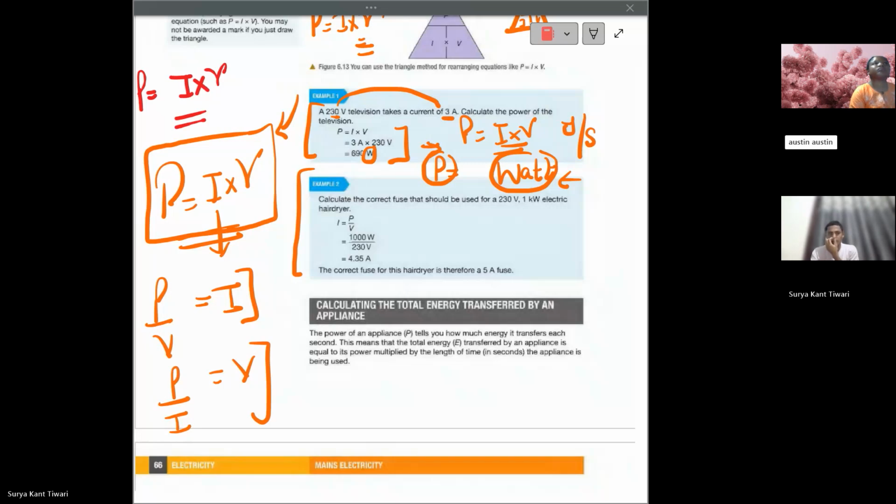Please, am I supposed to solve the second one? Yeah, I'm waiting for you to solve the second one also.